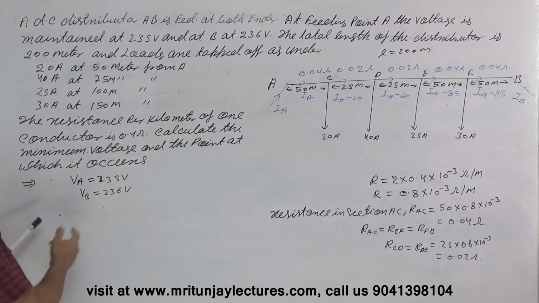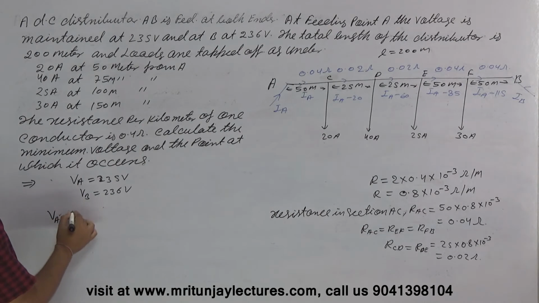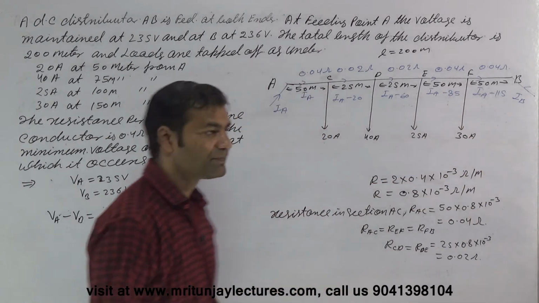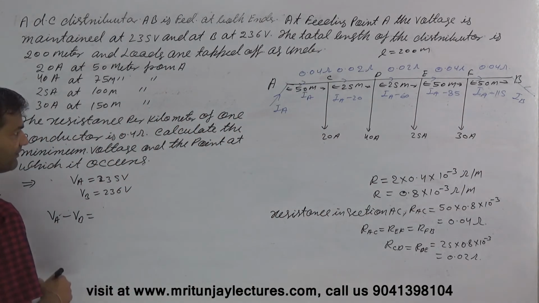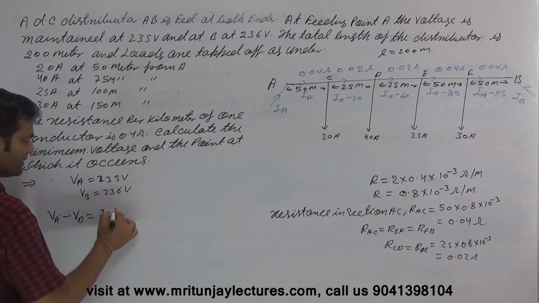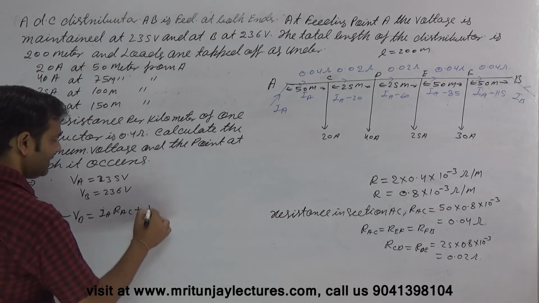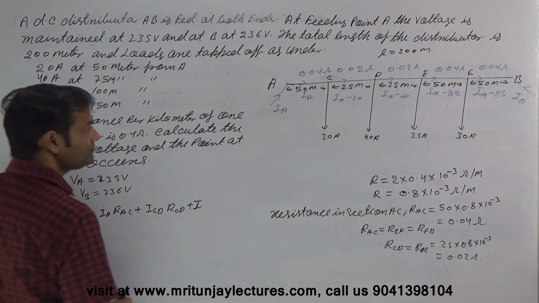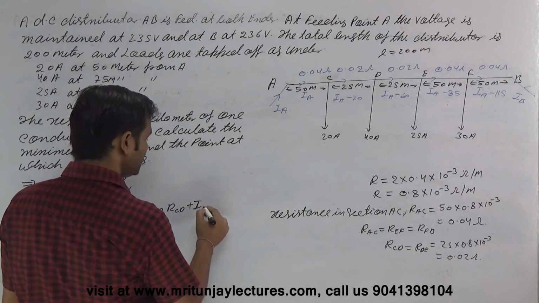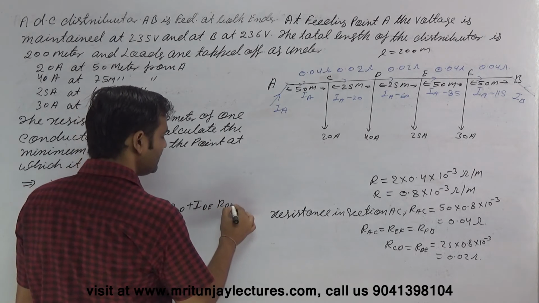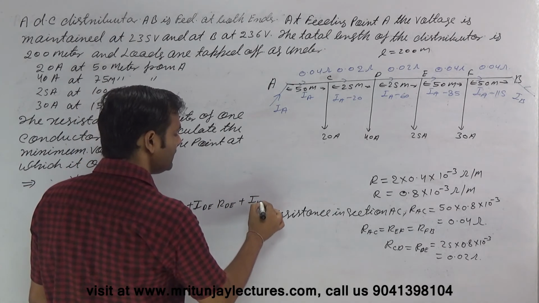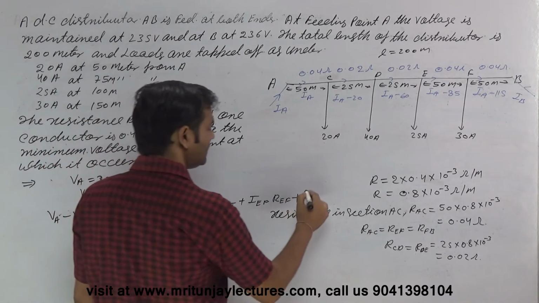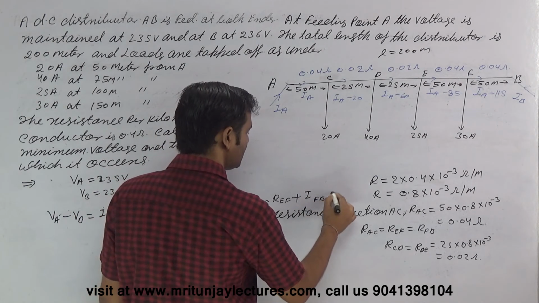I know that VA minus VB equals the sum of these five voltage drops: IA into R of AC, I of CD into R of CD, I of DE into R of DE, I of EF into R of EF, and I of FB into R of FB.